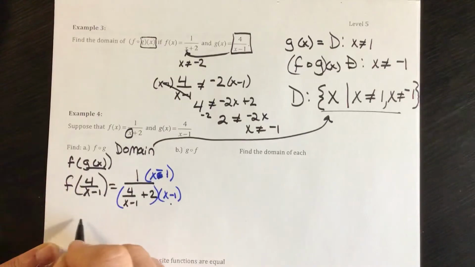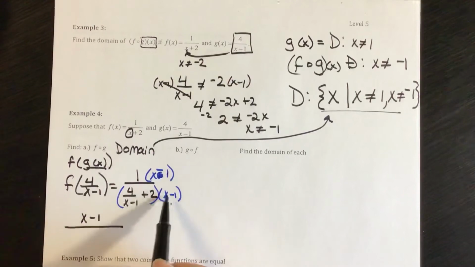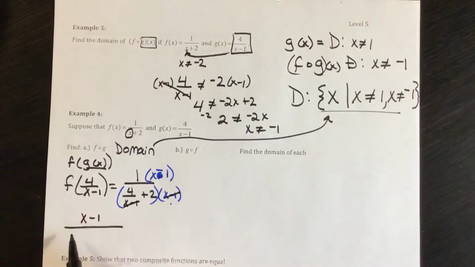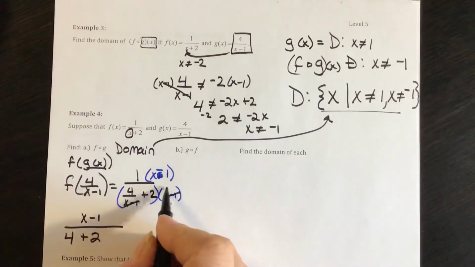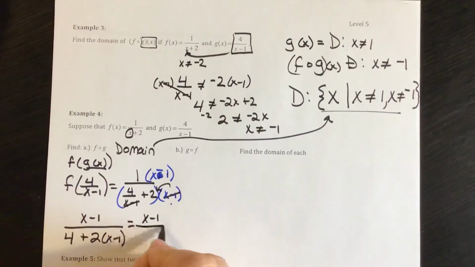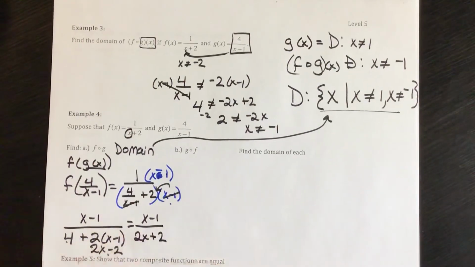So on the top, I'm going to have x minus 1. And on the denominator, if I distribute this x minus 1, they're going to cancel here. So I'm going to be left with 4 plus 2 times x minus 1. So this gives me x minus 1 over 2x minus 2. So 4 plus negative 2 would be 2x plus 2.